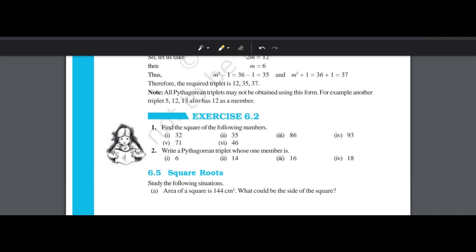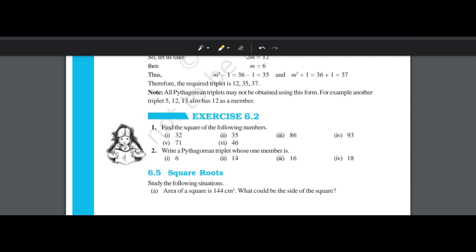Okay? M square, 14 squared plus 14 into 14. 4 4s are 16. 4 1s are 4, plus 1 is 5. 14 into m square, right?